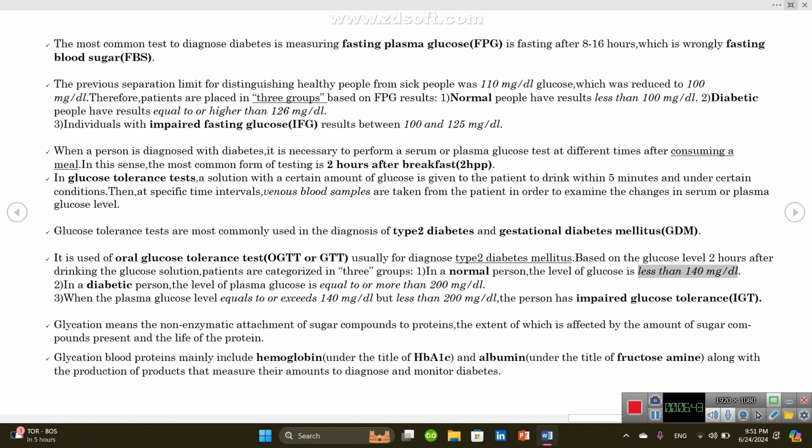In a diabetic person, the level of plasma glucose is equal to or more than 200 milligram per deciliter. And in the last category, when the plasma glucose level is equal to or exceeds 140 milligram per deciliter but less than 200, the person has impaired glucose tolerance, or IGT.